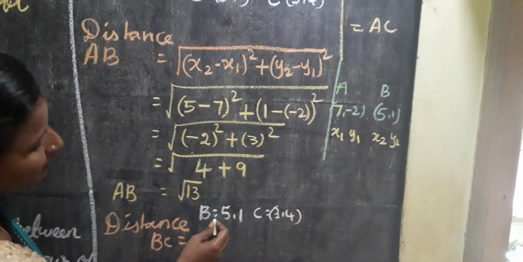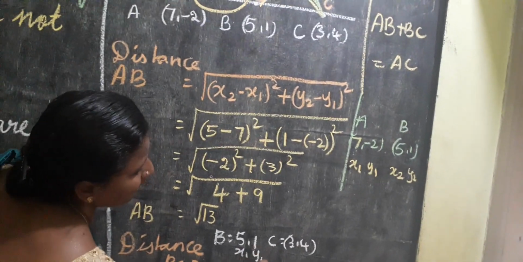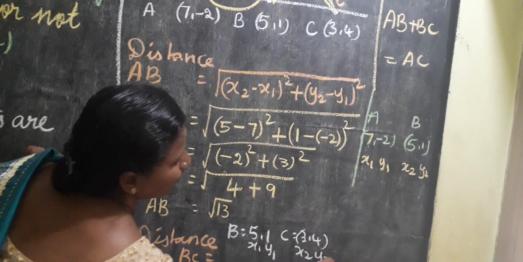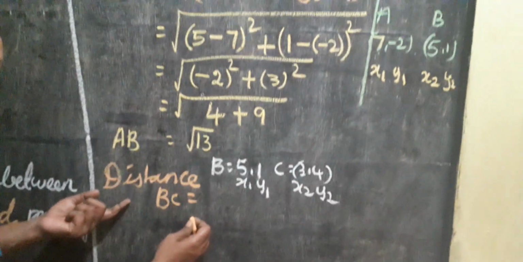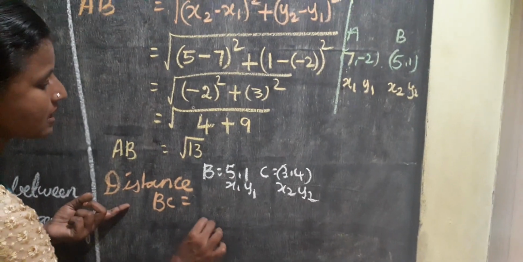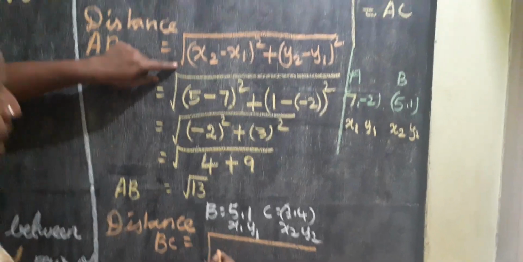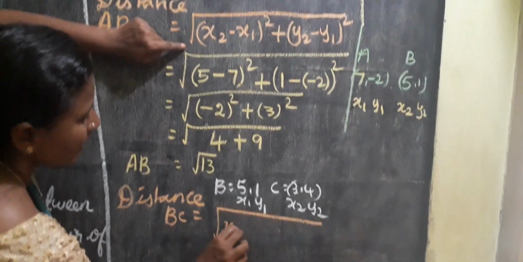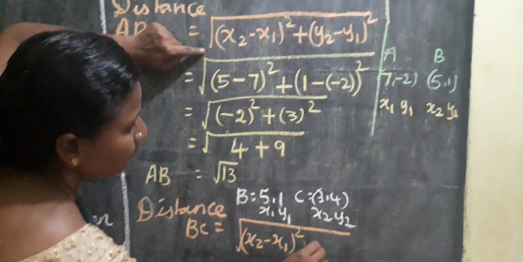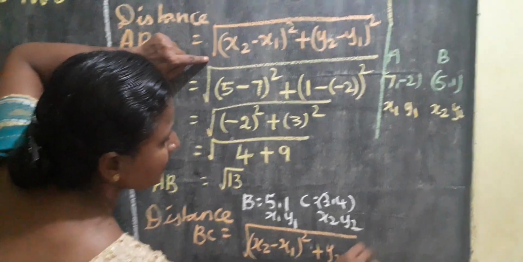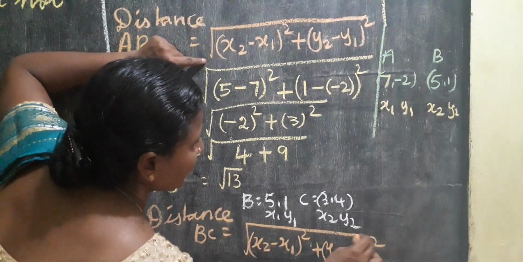Give the names x1, y1, x2, y2. And write the formula. What is the formula for the distance between 2 points BC? The same formula: square root of (x2 minus x1) whole square plus (y2 minus y1) whole square.